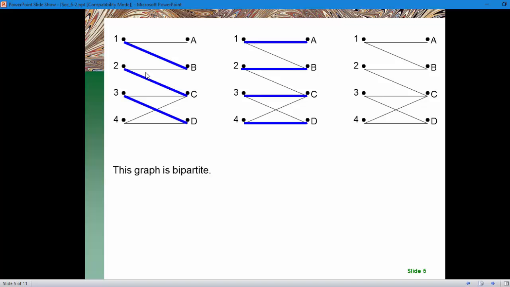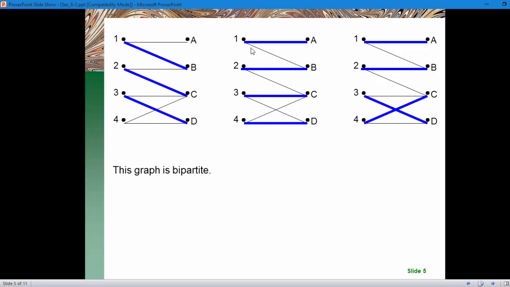Look at this one. This is a matching, and it has 4 edges. So we found a matching that has more edges than this one here. Here's another matching. It also has 4 edges.